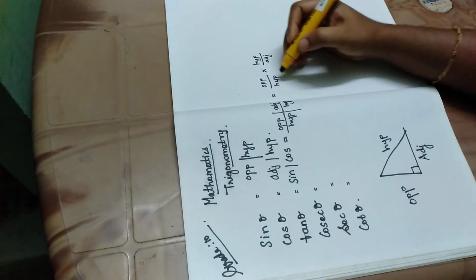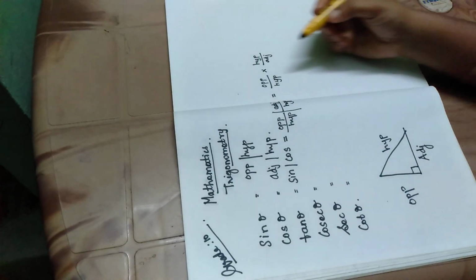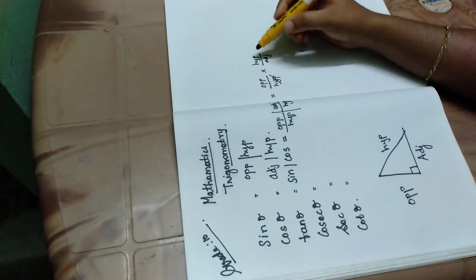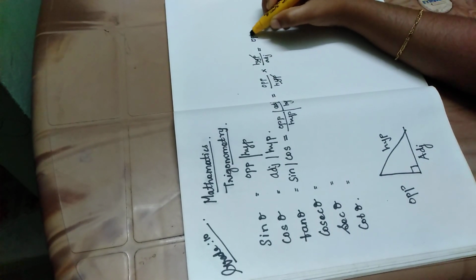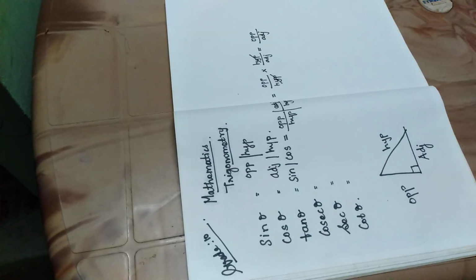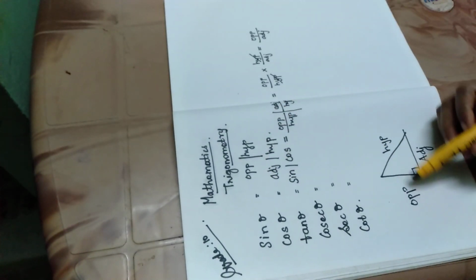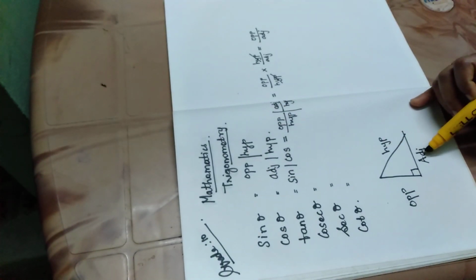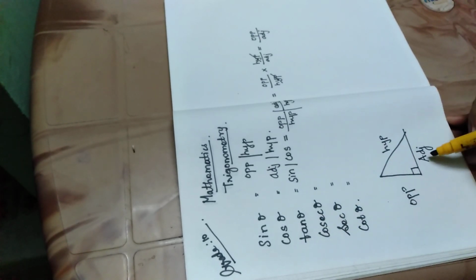Check whether you can cancel any two things. Hypotenuse and hypotenuse cancel. So sin is opposite by hypotenuse, cos is adjacent by hypotenuse, and tan is opposite by adjacent.